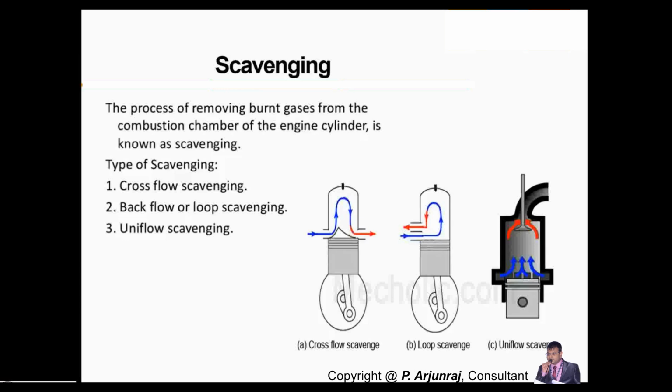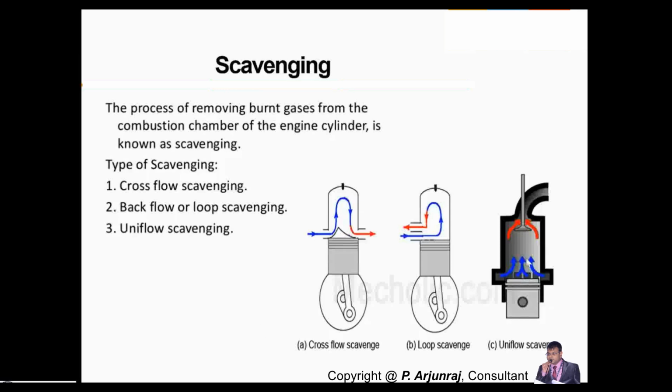And in the case of the uniform scavenge system, this is the combustion chamber where the combustion is going to happen above the piston. The combustion will happen with the help of both air and fuel.